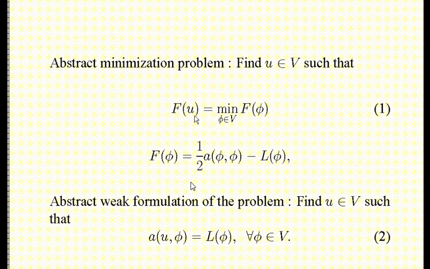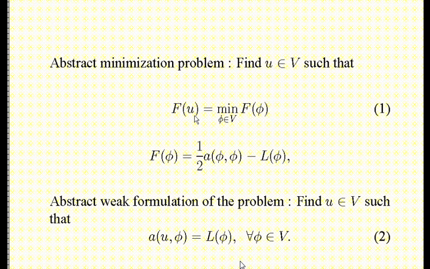This abstract weak formulation, which is of the same type as we have described earlier, takes this form, and we know from the theory that these two formulations are equivalent if all the properties 1 to 4 are satisfied.